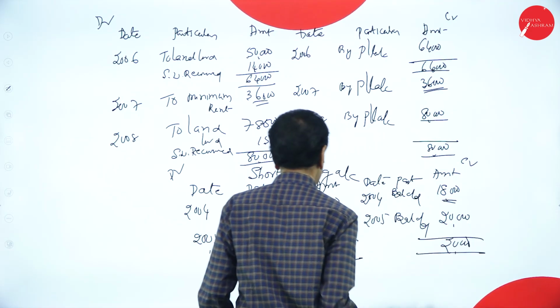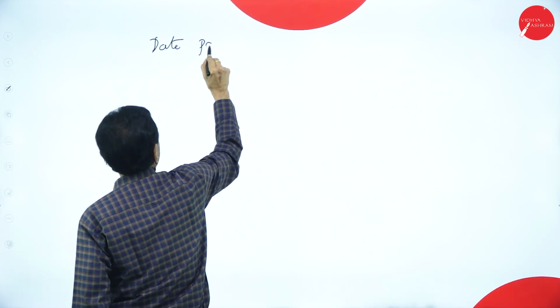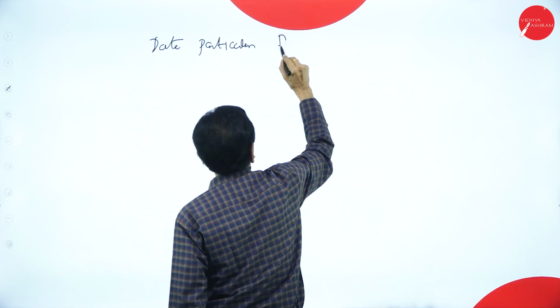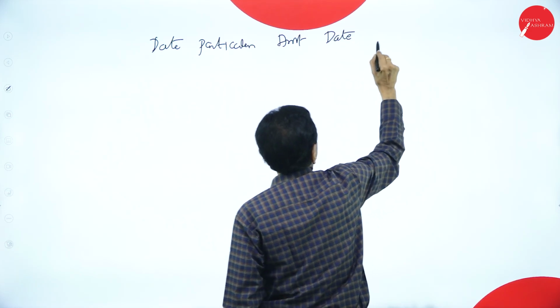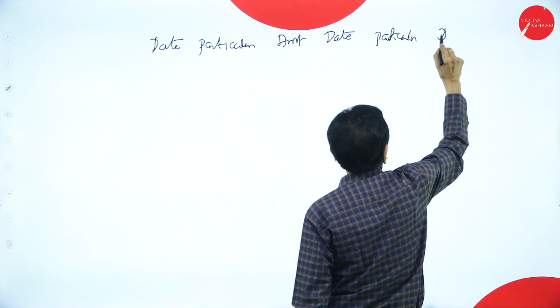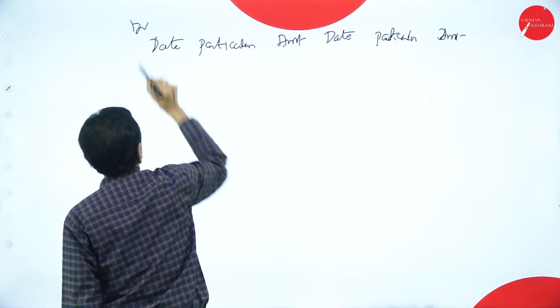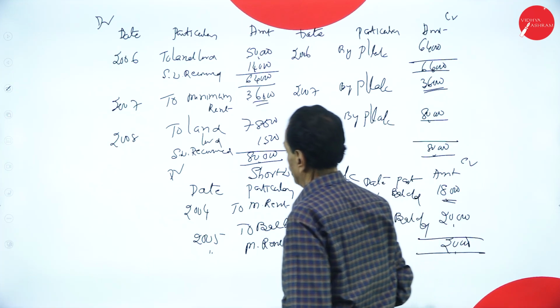Still shortage is there. Date, particulars, amount, date, particulars, amount, debit, credit. Come back here.